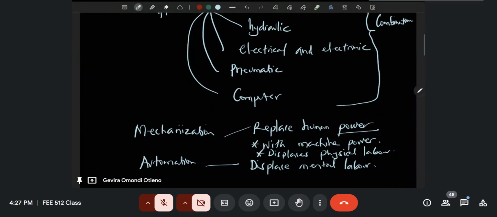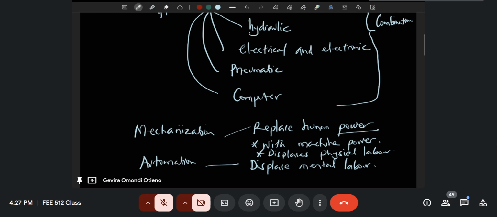So there's a very big difference between mechanization and industrial automation. Industrial automation is meant to achieve high production efficiently and with speed, but to replace the mental labor that would otherwise be involved.